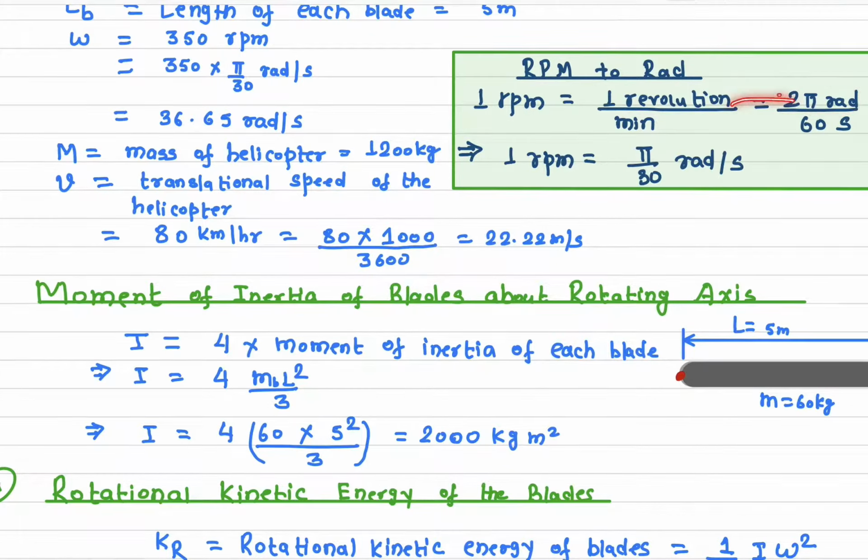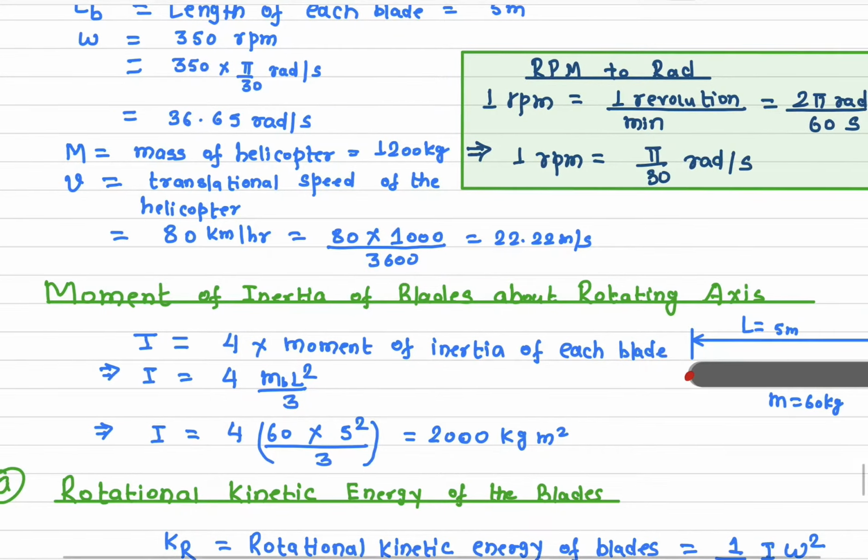And 1 minute is equal to 60 seconds. So 2 pi/60 is pi/30. So in order to change from revolutions per minute to radians per second, you have to multiply by pi/30. And if you solve it, you'll get 36.65 radians per second.